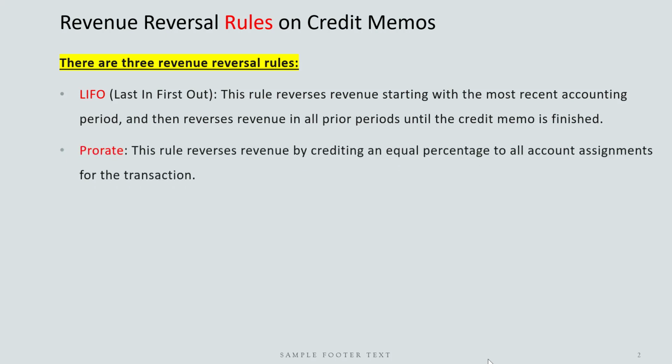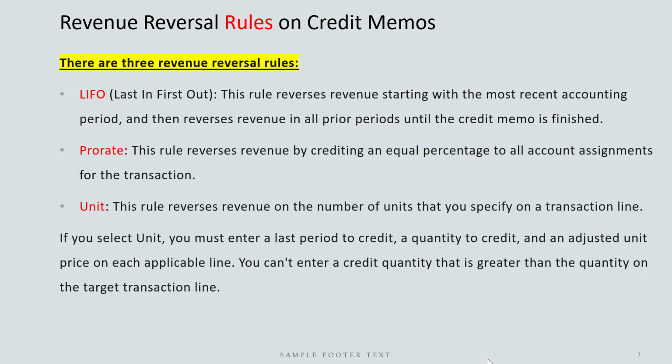The second one is Prorate. This rule reverses revenue by crediting an equal percentage to all account assignments for the transaction. The third one is Unit. This rule reverses revenue on the number of units that you specify on the transaction line.